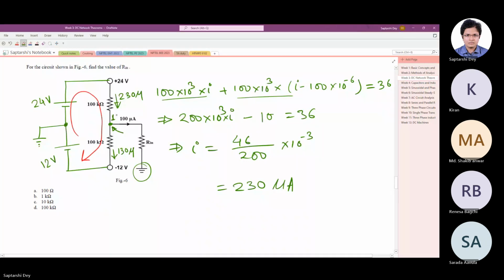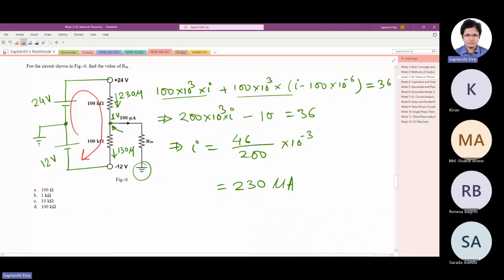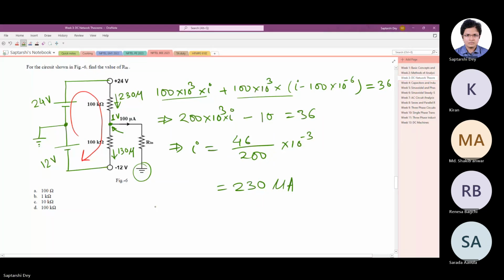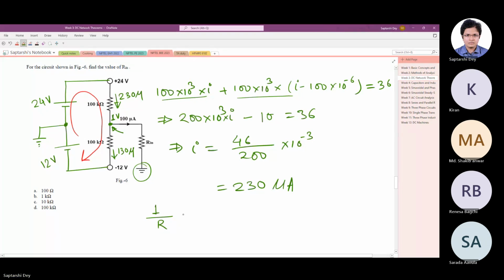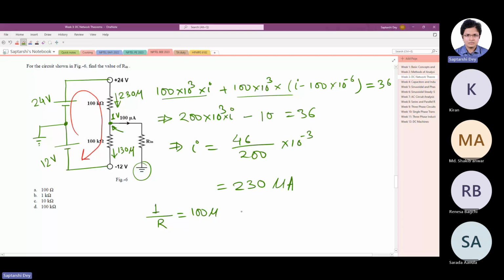So 1 volt, as I said, is with respect to this ground. So if 1 volt can cause 100 microampere of current, so 1 by R is 100 micro. So R should be 1 by 100 micro, which is coming out to be 10 kilo.